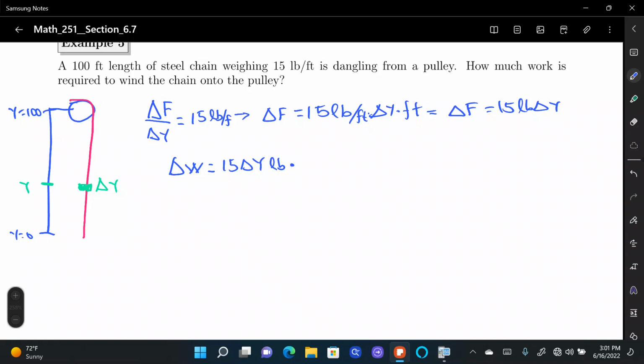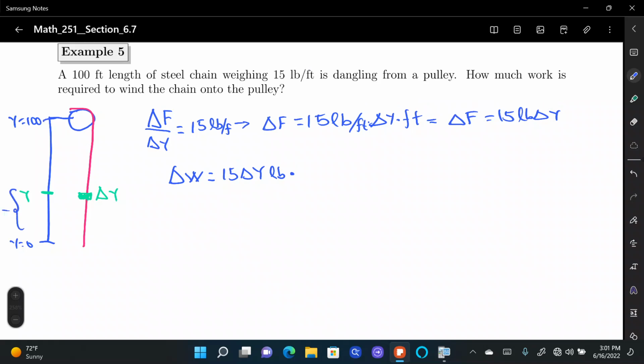Okay, so this is the situation. When the pulley has already pulled the chain to a height y, then there remains 100 minus y to get to the top.